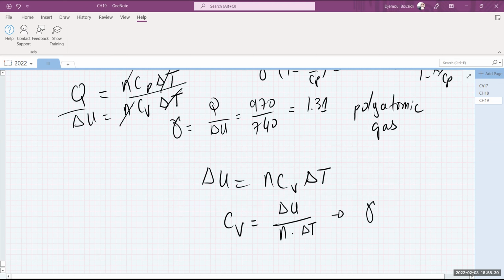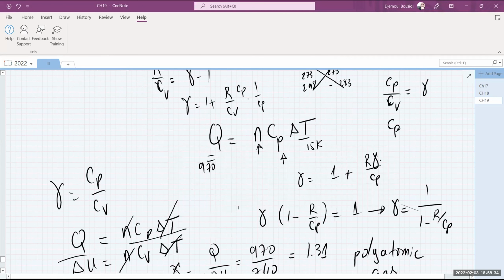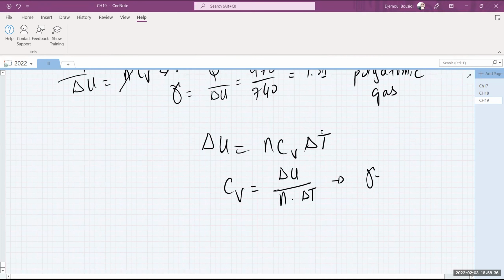Once I find CV, I can use the expression gamma equals 1 plus R over CV. And R is equal to 8.314 in SI units, joules per kelvin per mole, okay? And you can calculate CV from this expression also.